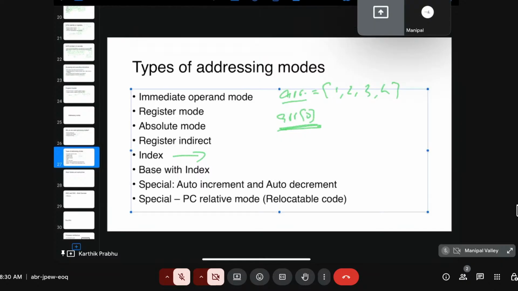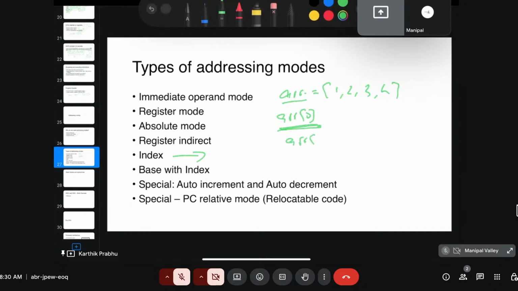Now array 1 is just going to be R0, the memory address of element 0, plus some number of bytes to jump. How many bytes? Whatever is the size of int. Size of int in most systems is 4 bytes. So our register index notation will be R4, which tells it to jump by 4 bytes. So that is index. And base with index is also similar. We have a base register which we have for everything.